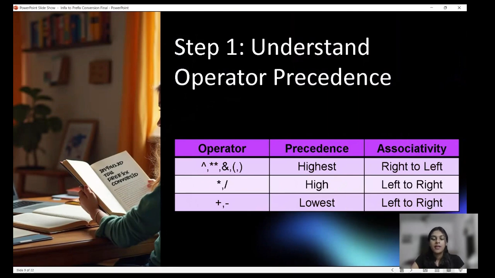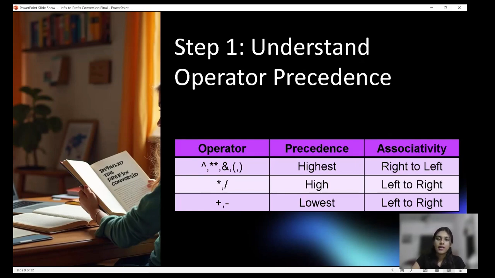For example, here the addition and subtraction operators are in the lowest precedence. At the next, higher level is the multiplication and division operator, which is also from left to right.